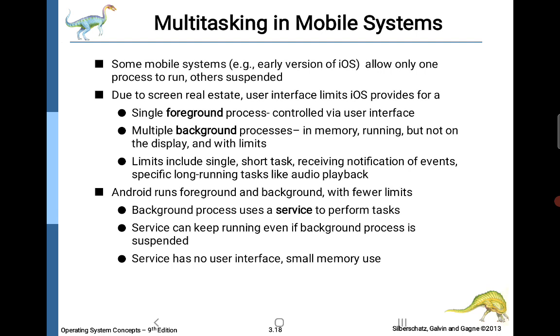While Android, from the very beginning, allowed multiple processes to be in the foreground and multiple processes to be in the background, with fewer limits, and it uses this concept of a lightweight process called a service. And a service will run on behalf of the actual process. And the service can still continue running even if the process is suspended.